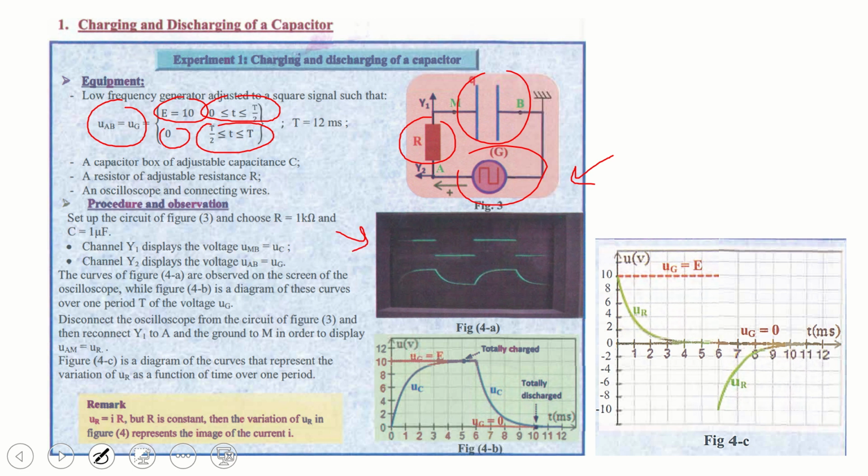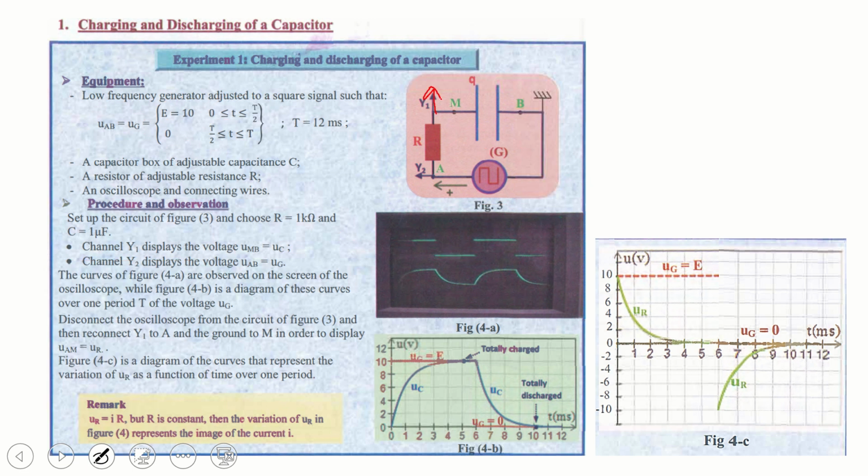Figure 4a shows the screen of the oscilloscope, so the square generator is delivering a voltage E during the first half period and a voltage 0 during the second half period. So, how is the behavior of the capacitor during this time? To show the voltage across the capacitor, we connect channel 1 with the ground M across the capacitor.